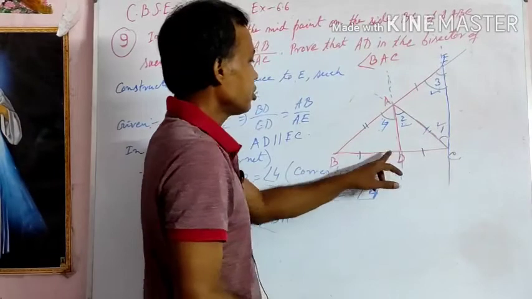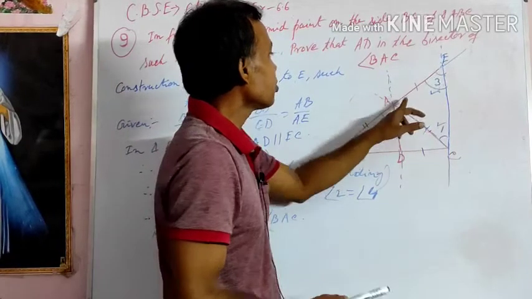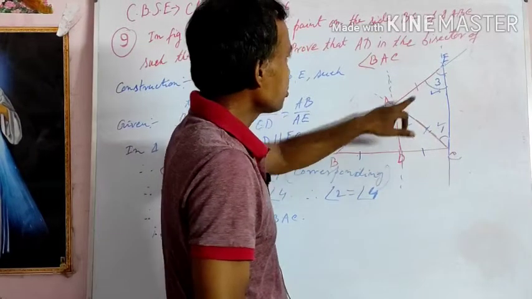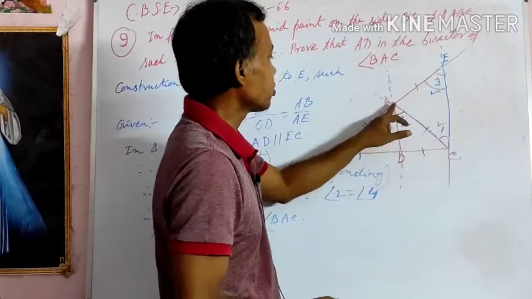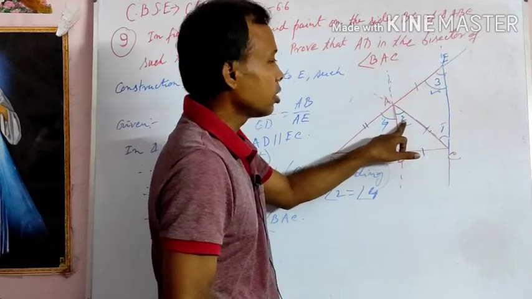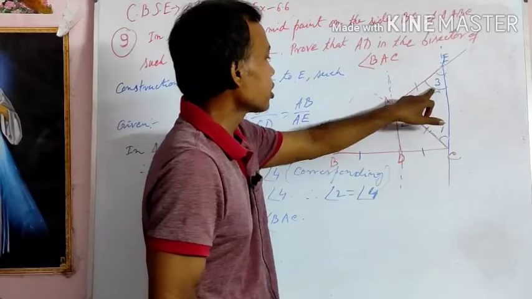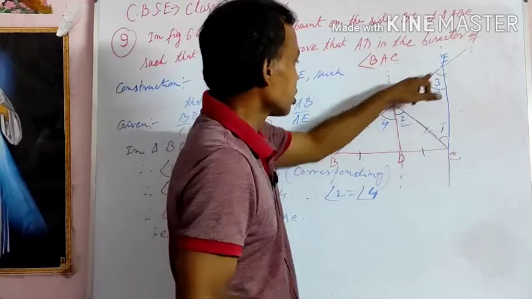Therefore AD must be parallel to EC. Since these two lines are parallel, this angle is equal to this angle as alternate angles, and this angle is equal to this angle as corresponding angles, with this being the transversal.